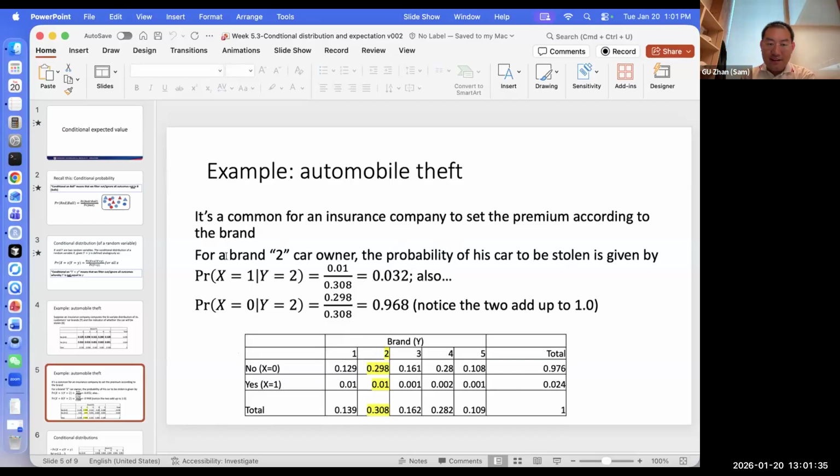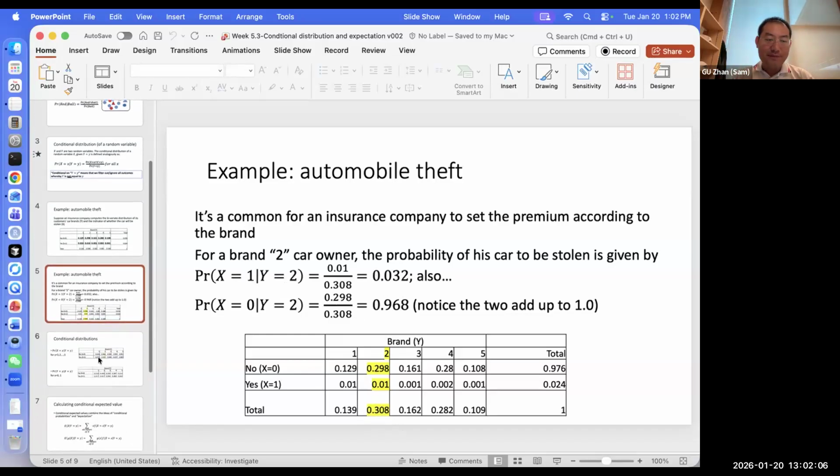Then the probability X equal to 1 given Y equal to 2 is 0.01 over the entire sliced pie, 0.308. That's the conditional probability for X equal to 1 when the brand is 2. And these two conditional probabilities will add up to 1.